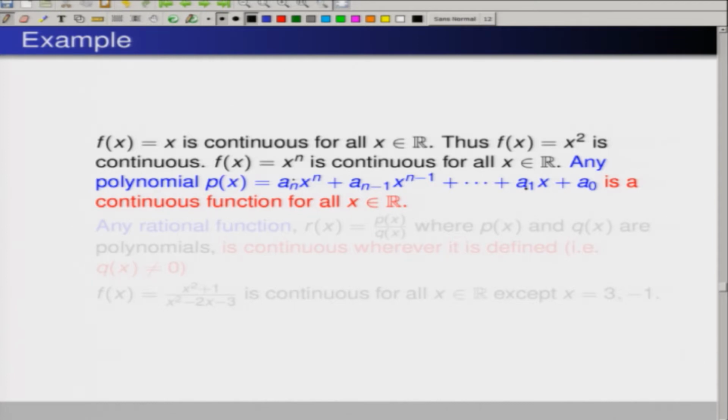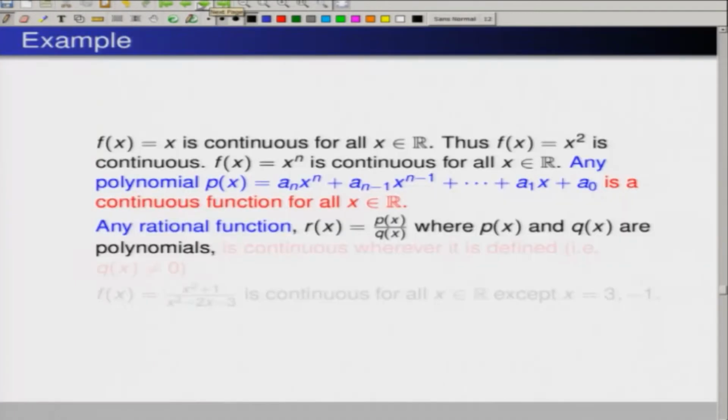Now, consider any rational function R of x which is equal to p of x by q of x, where p of x and q of x are polynomials, that means p of x and q of x are continuous functions for all x in R. Whenever we would like to define p of x by q of x, this can only be defined for those x for which q of x is not equal to 0.